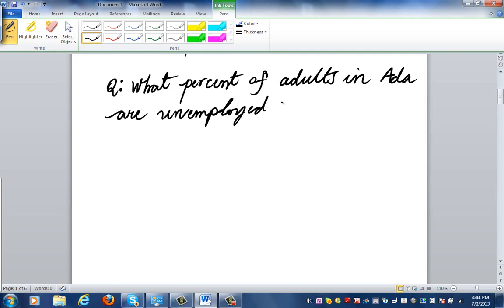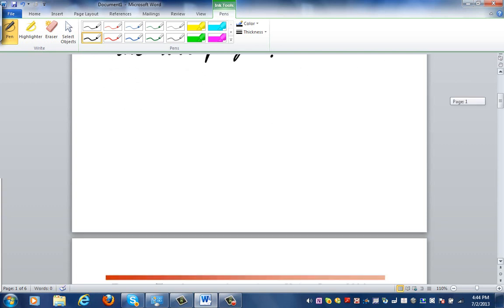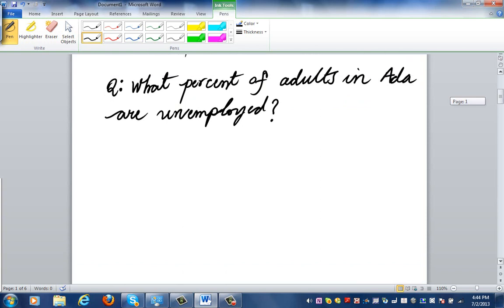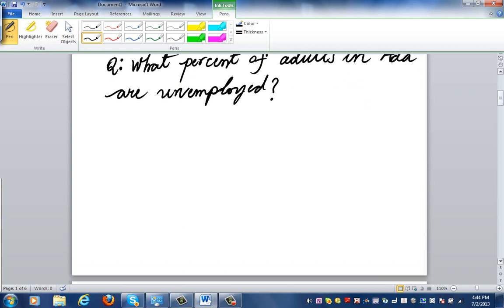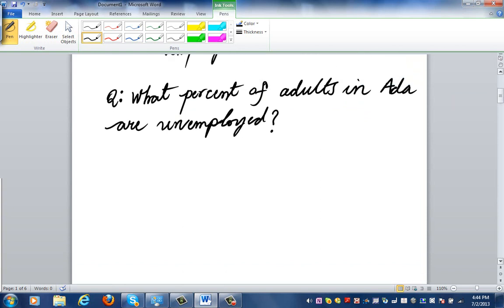Let's say this is an assignment in one of your classes to answer this question, and let's say Ada has a population of 7,000. So there's got to be a couple of thousand adults living in Ada, and so how would you answer that?